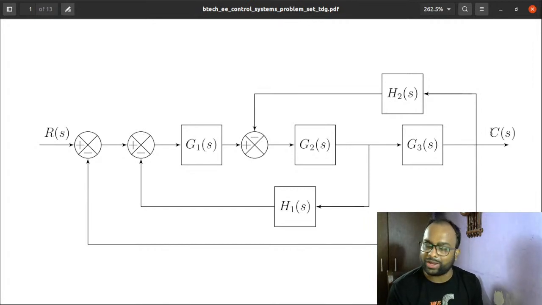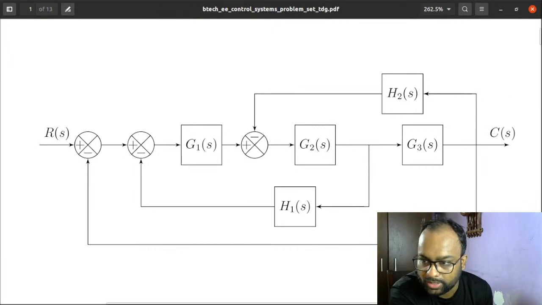So we are going to use whatever techniques we learned, and then we are going to simplify this structure.